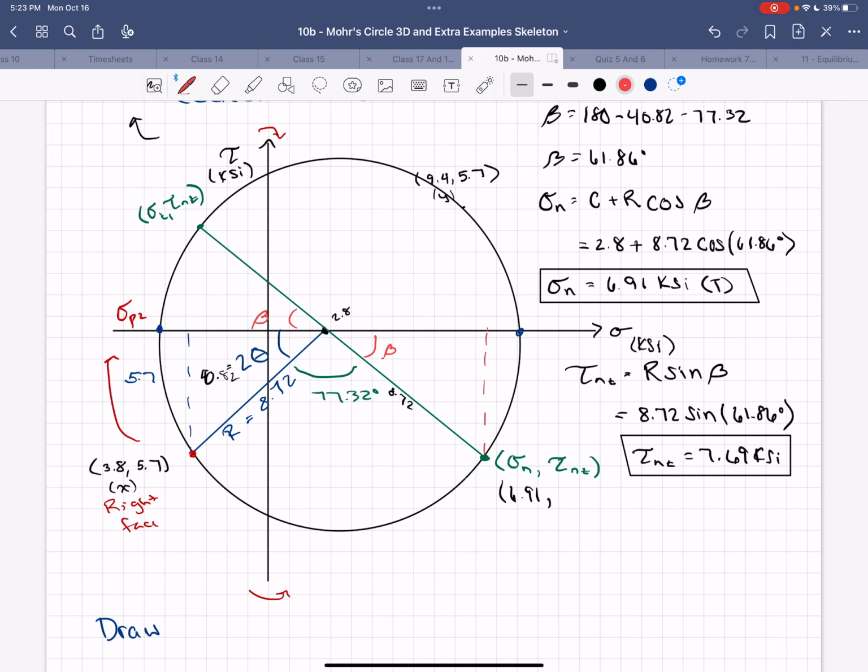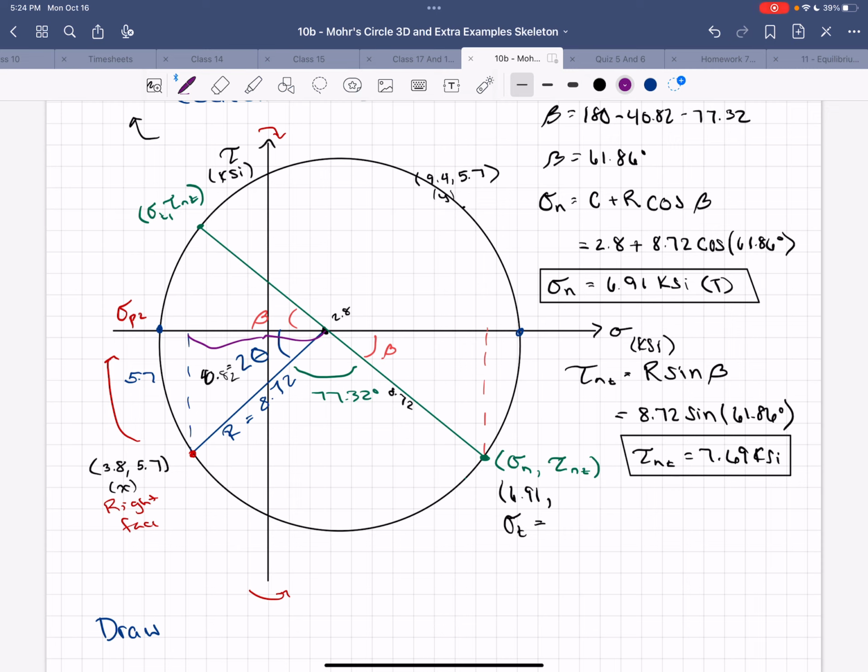So then we would have normal stress sigma t equals, we need this distance, so we need to calculate all of this and then subtract c.